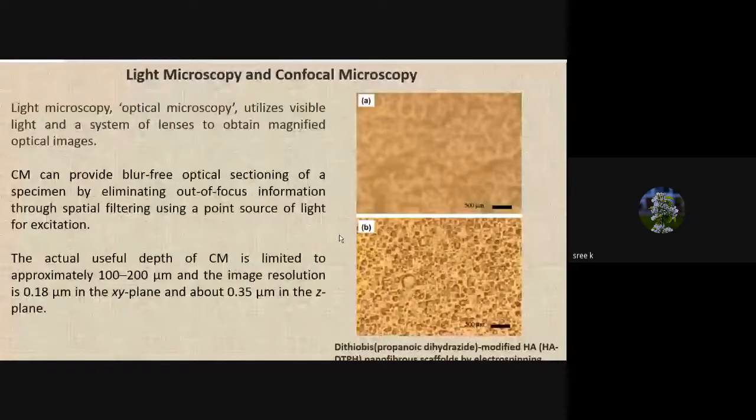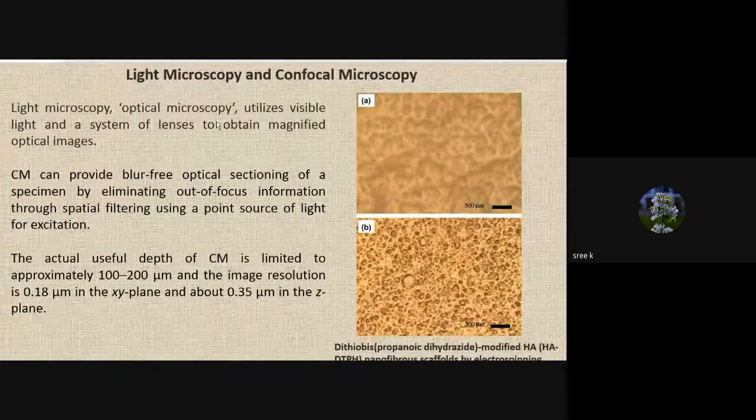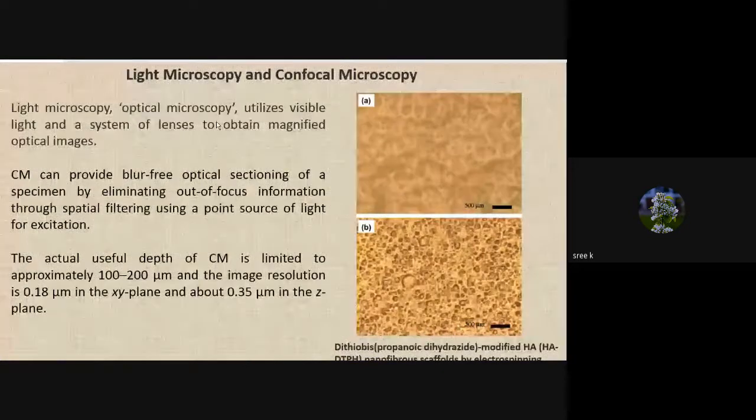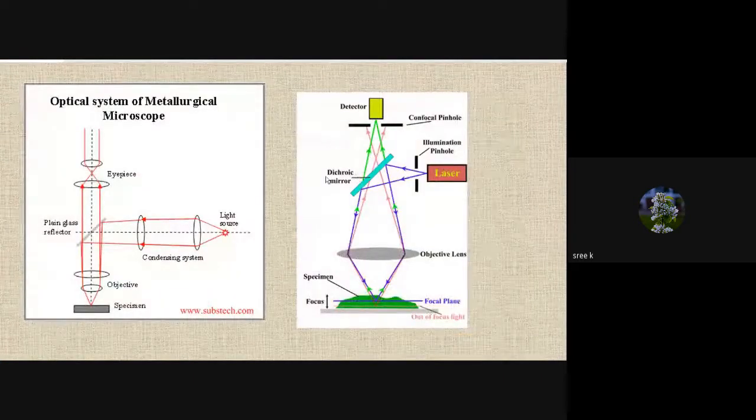In the imaging technique, you have light microscopy and confocal microscopy. In the case of biological samples, you can go more with the confocal rather than the typical light compound microscope, because the contrast you can get from confocal microscopy is quite high, owing to the instrumentation, where you have a more focused laser beam, and the unnecessary scattered rays are rejected by the confocal apertures, so you can get more focused beams.